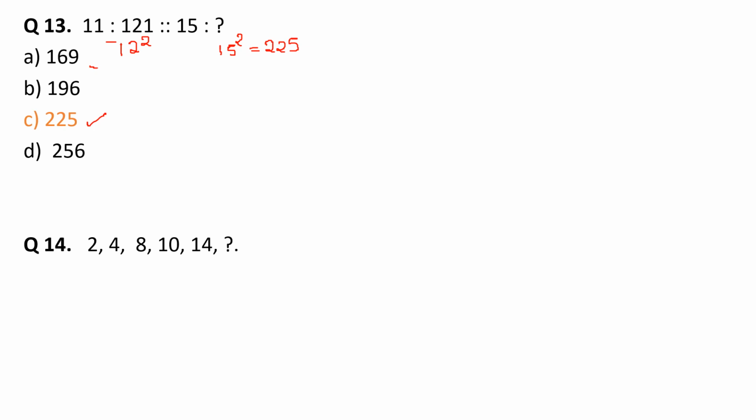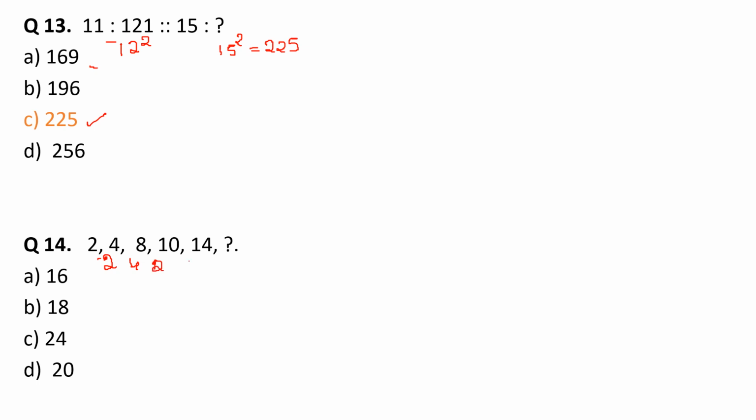Next one, question number 14. 2, 4, 8, 10, 14. Now if you see the difference between 2 and 4, it is 2. 4 and 8 is 4. 8 and 10 is 2.